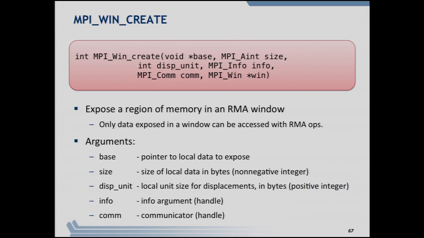That's the natural size of accesses in bytes. So for example, if you have 4-byte integers and you want to view this data area as just a big wad of integers, then a displacement unit of the size of integer, say 4, makes it easy, because that means that when I am specifying a displacement, a location in the target, that location will be relative to those displacement units.